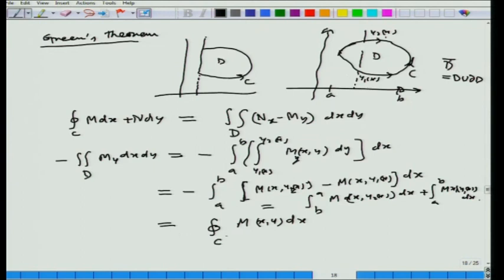So, this is the line integral of M(x, y) dx on the closed curve C. Similarly, for N_x we can do the calculation, which will give us that the double integral of N_x dx dy over D equals the integral of N dy.